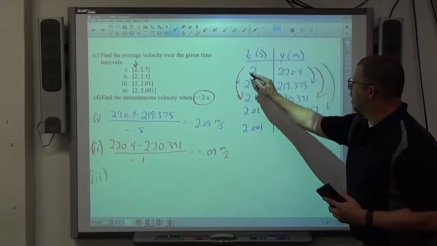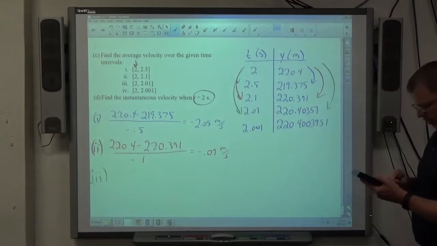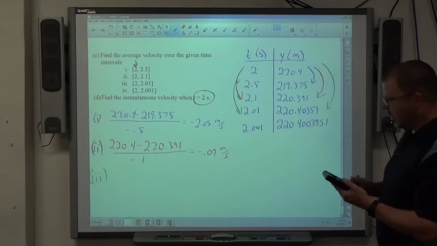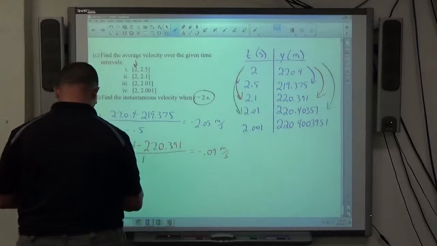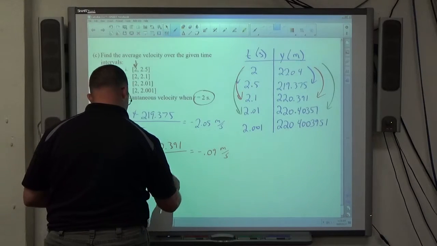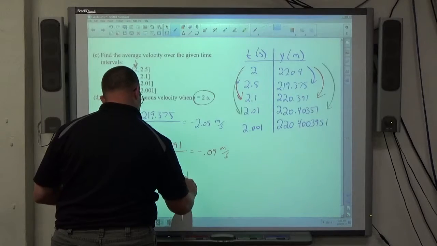How far did it go? How long did it take? So 220.4 minus 220.40351 divided by negative 0.01, and I get 0.351. Is it negative? It's positive this time.